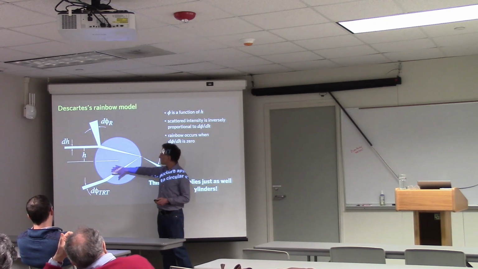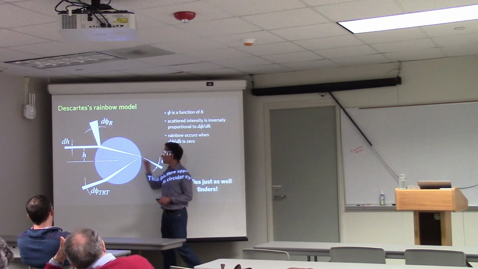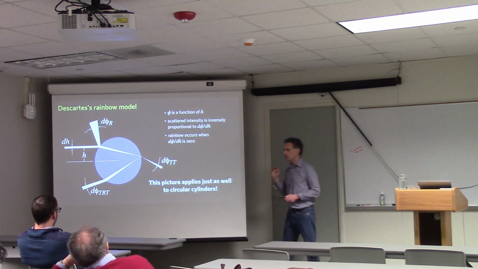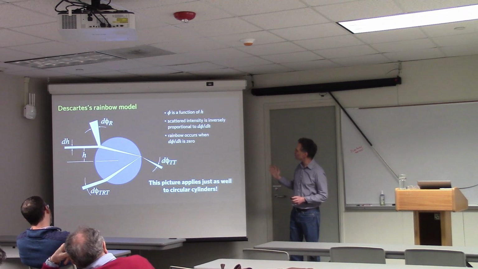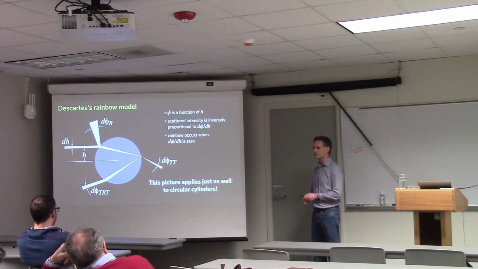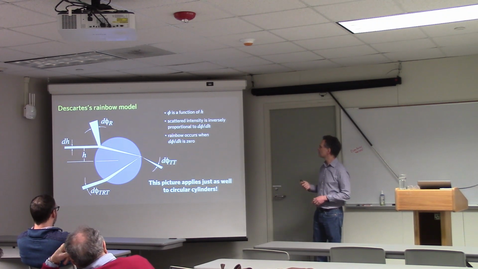In the rainbow, of course, it's famously colored, and you worry about the change in refractive index with wavelength, but that's not something we're going to worry about for hairs. So it's not that we see rainbows because of this, but that it's the same geometry.